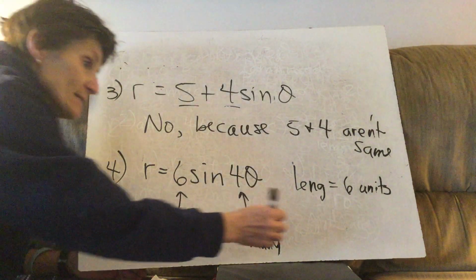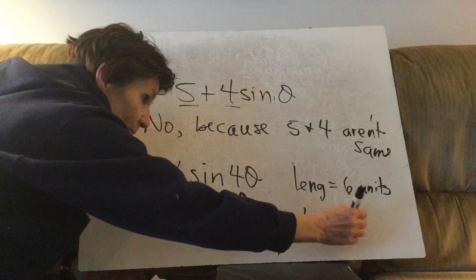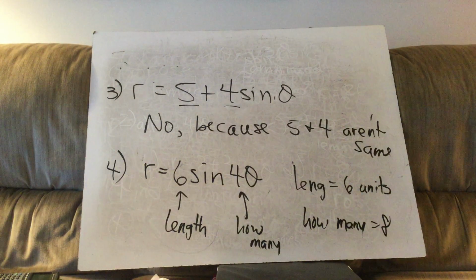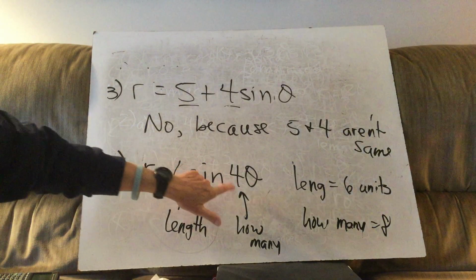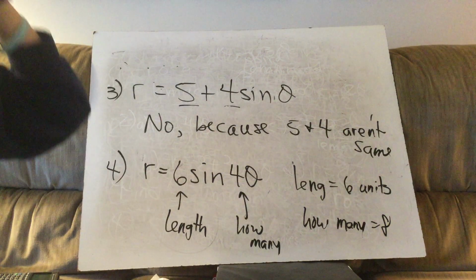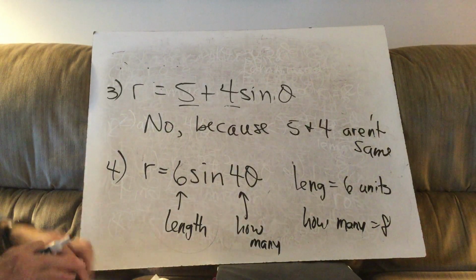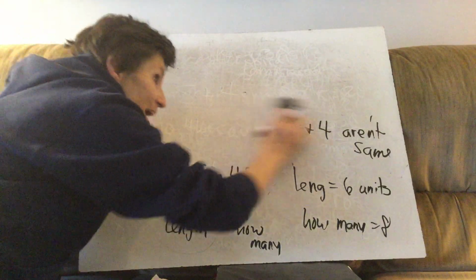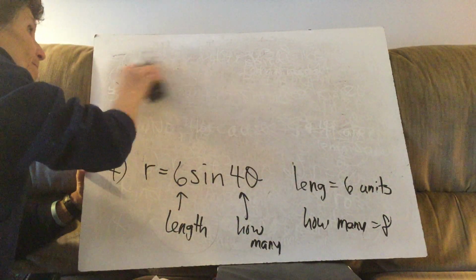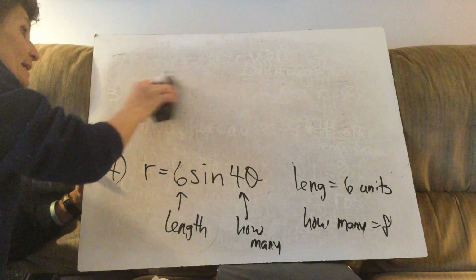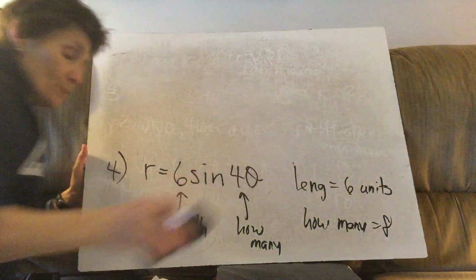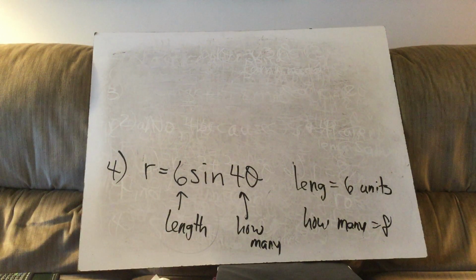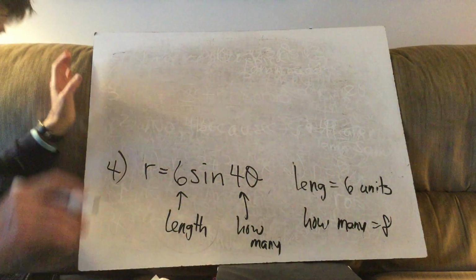But if the number is even, there are double that many. So this guy has 8 leaves. If this number right here is even, there are double that many leaves. If that number is odd, that is exactly how many leaves there are. So if anything I'm saying is baffling you, you need to go back and look at your notes or the multitude of other practice quizzes that are in Schoology.